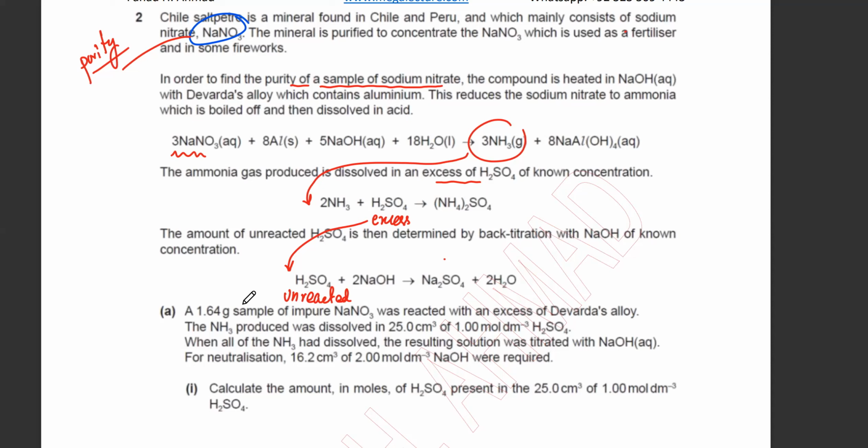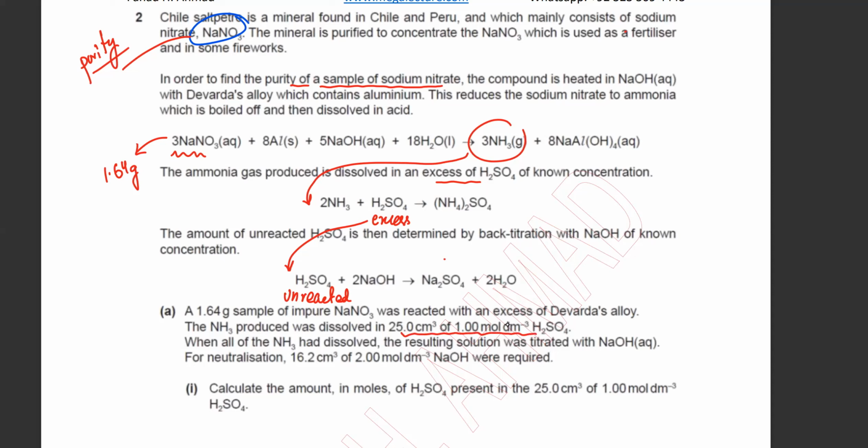You've got a 1.64 gram sample of the impure sodium nitrate. So remember, this is 1.64 grams, but it is impure. And it was reacted with an excess of this and dissolved in 25 cm cubed of 1 mole per dm cubed H2SO4. So can you even tell me what the moles are?